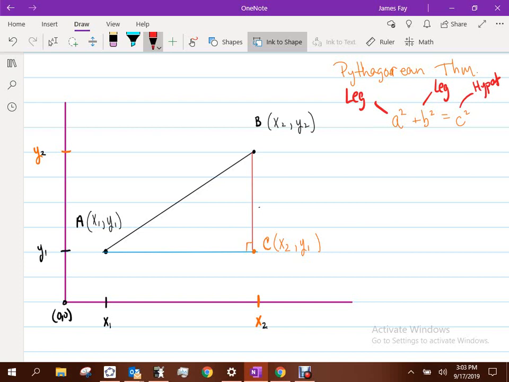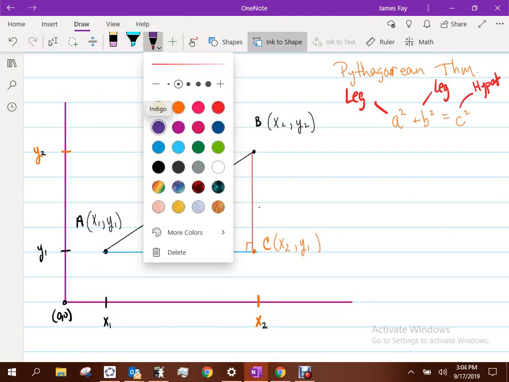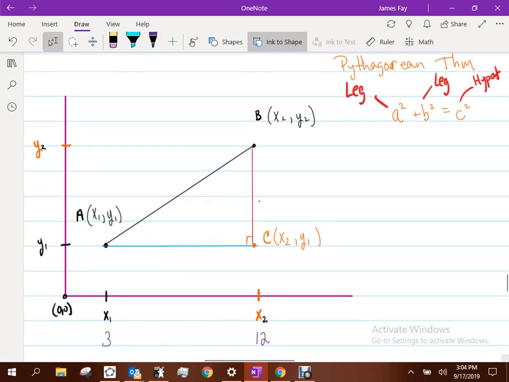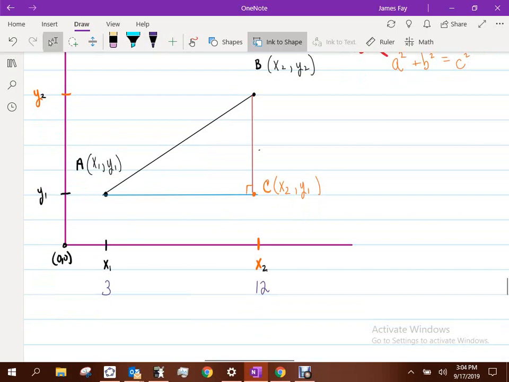All right, so here's how we do this. If this number, x sub 2, was like 12, because that's all it represents, is some distance on the x-axis, right? Let's say it was 12. And let's say x sub 1 was 3. What would be the distance between x2 and x1? What's that distance? What do we talk, Hunter? 9, right?